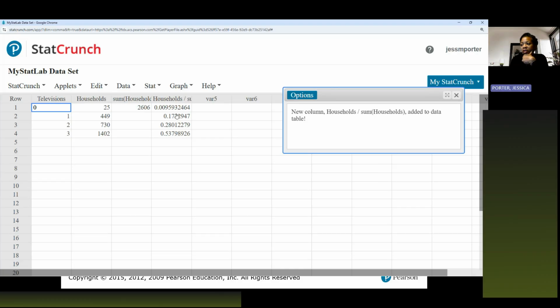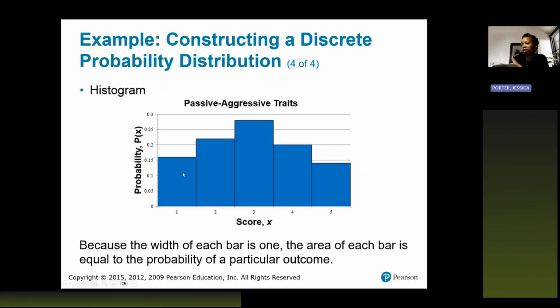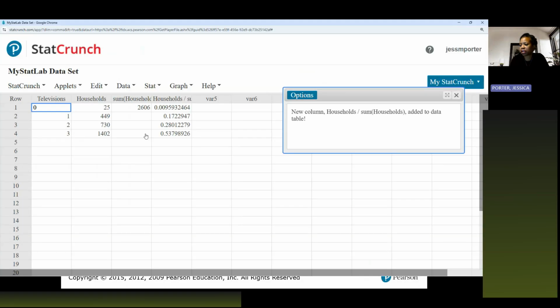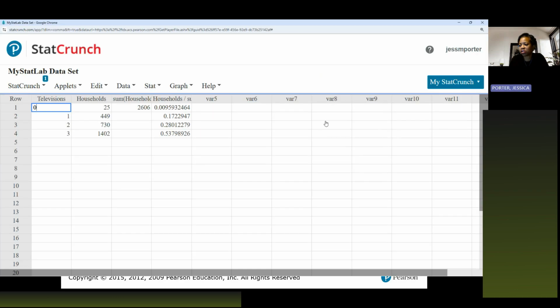Notice I go from small to large. And it's not always going to happen like that. Like in our PowerPoint, we had one that kind of went into a normal curve looking histogram. But here's that, and you can do it that way. That's one way you could do these. Now, in StatCrunch, they have something else you could do.